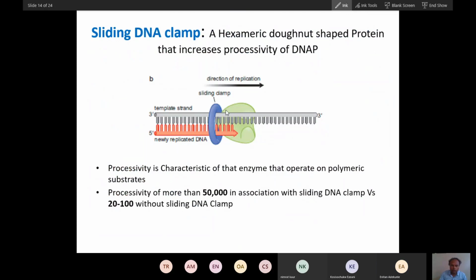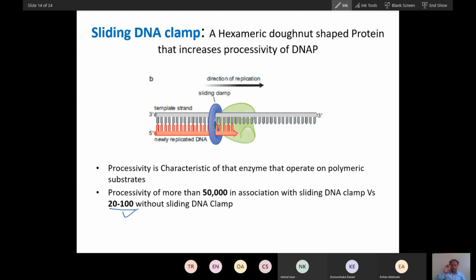If this sliding clamp is not there, the processivity of DNA polymerase will be very slow. Once the DNA polymerase attaches to the DNA, it will not stick for a longer time. It will polymerize only a few nucleotides, for example, 20 to 100 nucleotides only. And that is the role of this sliding clamp.